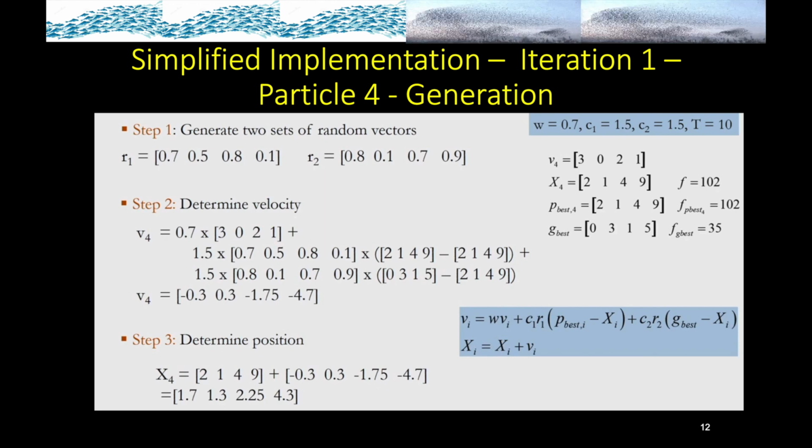We'll determine the velocity, which in this case comes out to be minus 0.3, 0.3, minus 1.75 and minus 4.7. We'll then determine the position by adding the velocity vector to the current position vector, and this gives us new values, which are 1.7, 1.3, 2.25 and 4.3. We'll then check for bounds and then go to the update step.